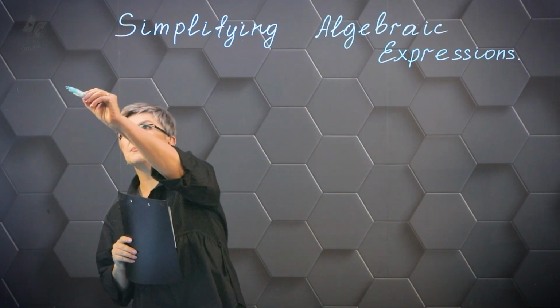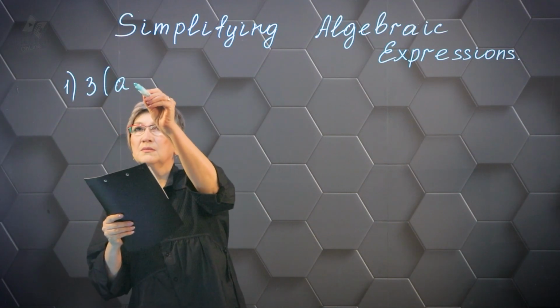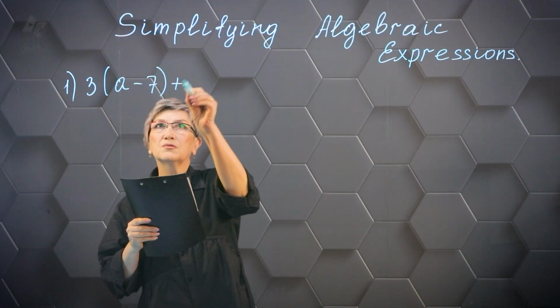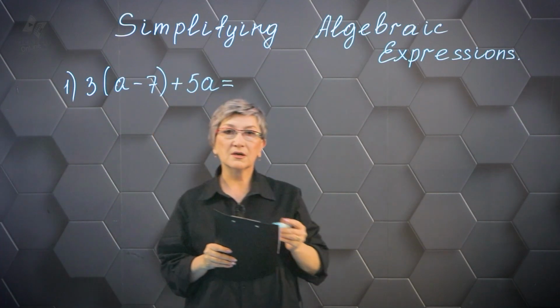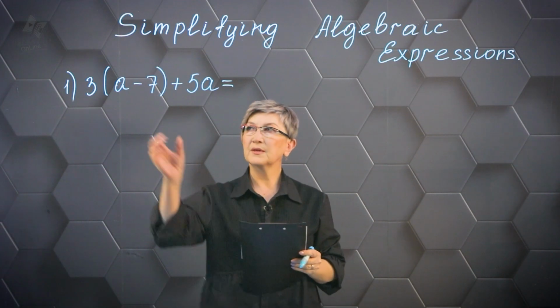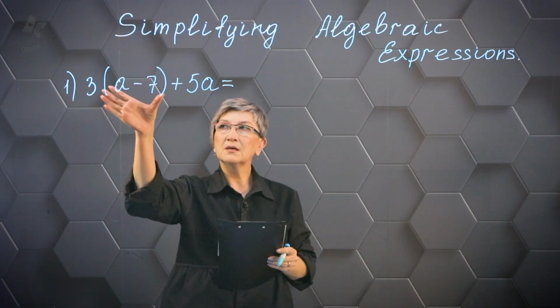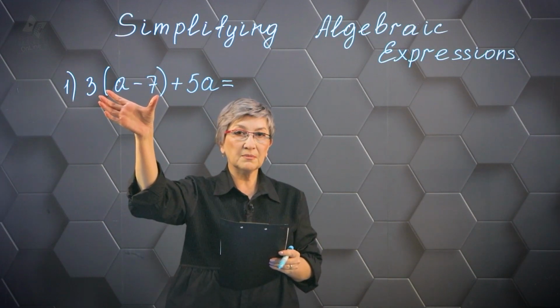3 times (a minus 7) and plus 5a. Well, we need to simplify this expression. What are we paying attention to? Well, first of all, we're applying the properties that we use to convert algebraic expressions.